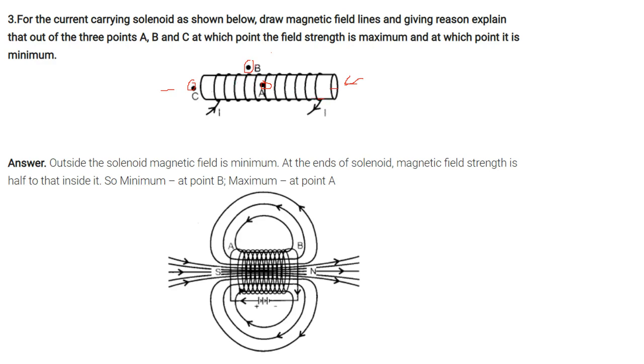So we can say the minimum is at point B and the maximum is at point A. This is the diagram of the magnetic lines. Here the lines are almost straight, and as the radius increases like this, the strength also decreases. So it is maximum here and then goes on decreasing on the outside.